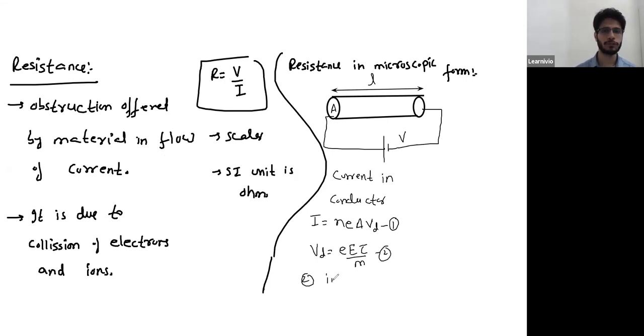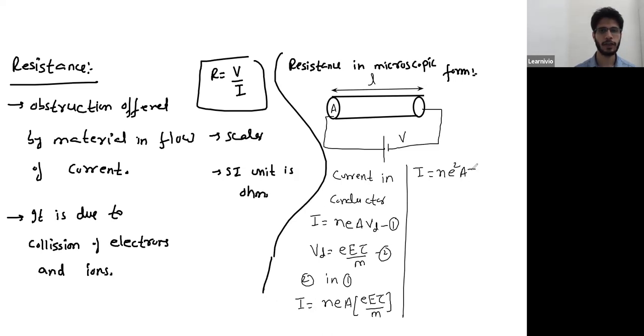Substitute 2 in 1. I get I = neA vd, with vd = eEτ/m. So current comes out to be I = ne²Aτ E/m.